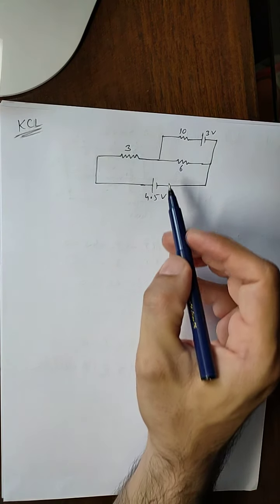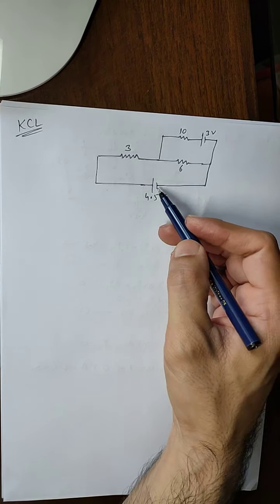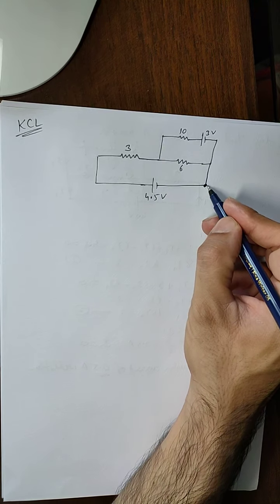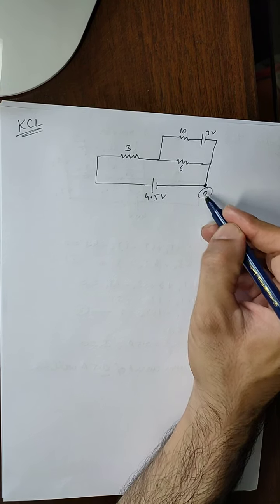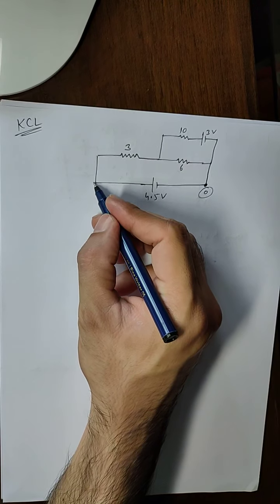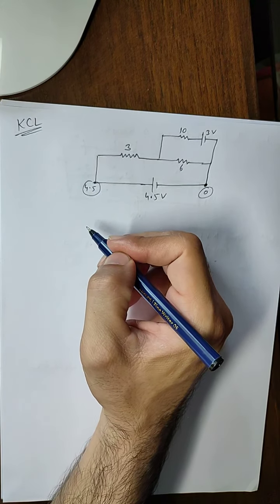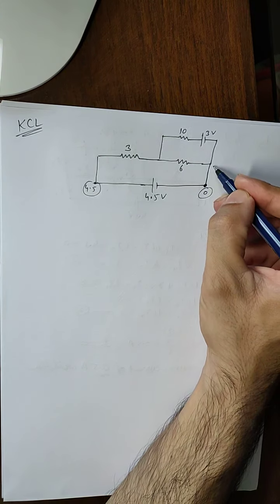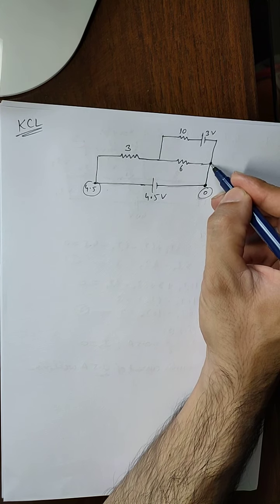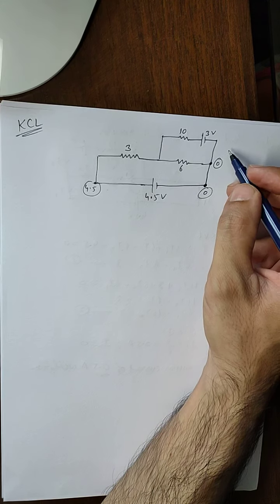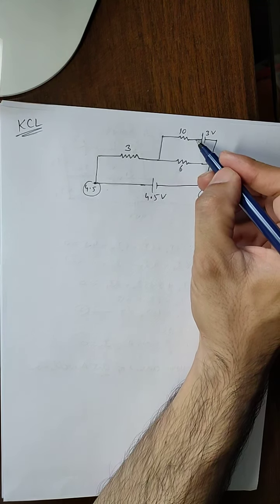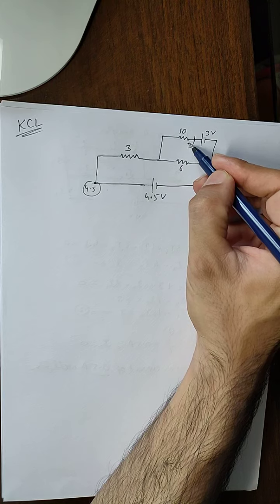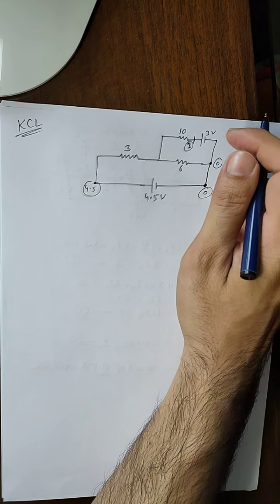So for this, we'll take this battery and we assume, since this is the negative terminal, that the potential at this point will be 0, and at this point it will be 4.5. So similarly, this point will also be at 0 potential, and at this point there will be a potential of 3 because of this battery.